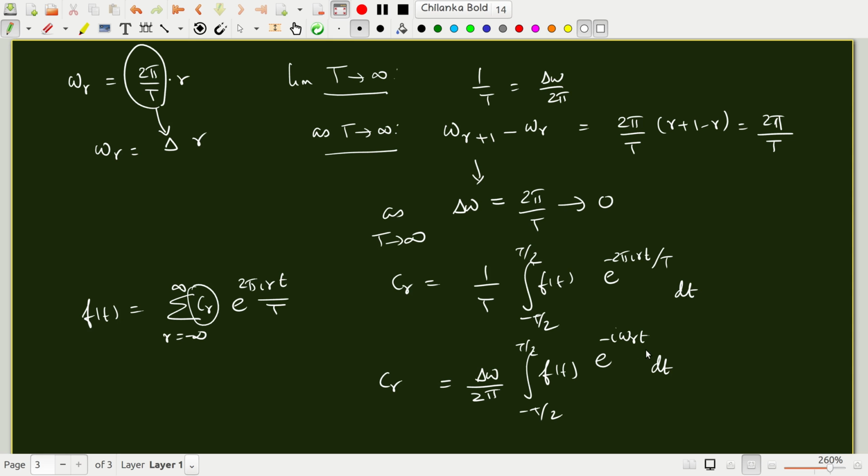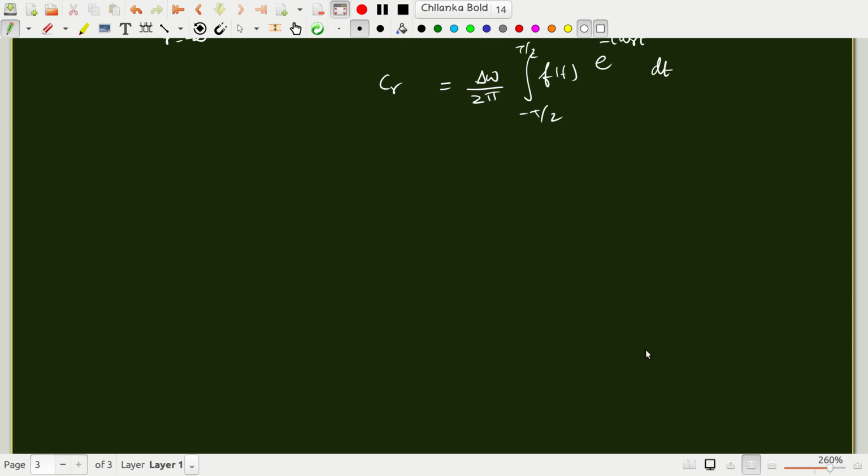Now what I'm going to do is the following. I'm going to take the limit delta omega goes to 0 as T goes to infinity. So f of t is the summation r equal to minus infinity to infinity c r e to the minus i omega r t, and c r is nothing but what we have here.